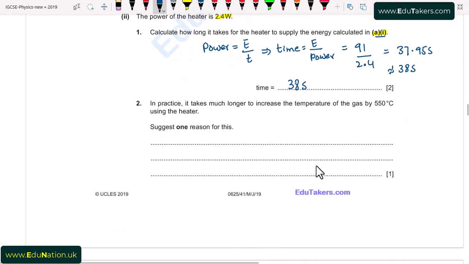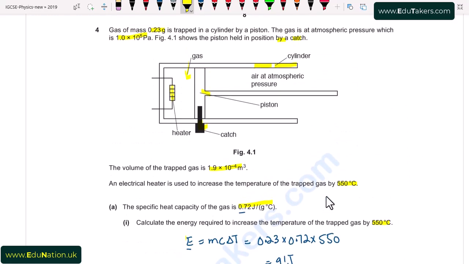Part 2. In practice, it takes much longer to increase the temperature of the gas by 550 degrees C using the heater. Suggest one reason for this. Going back to the diagram, we can see that the heat may be lost to the surroundings, or energy is used to increase the temperature of the piston and cylinder as well.